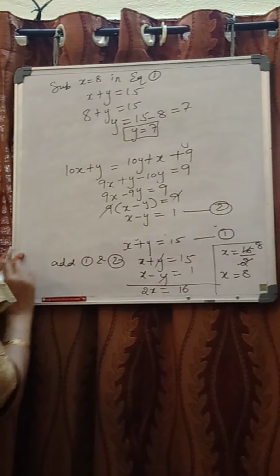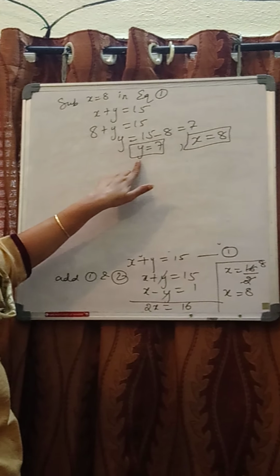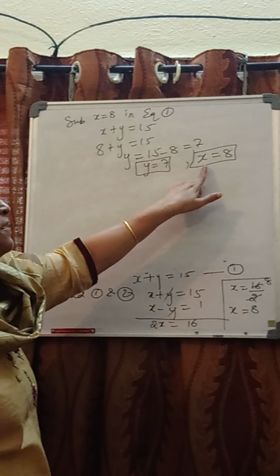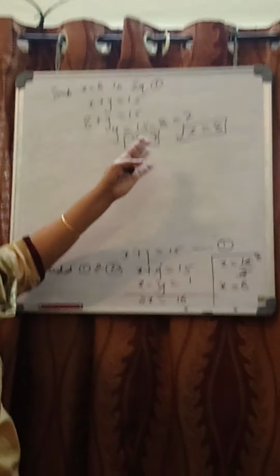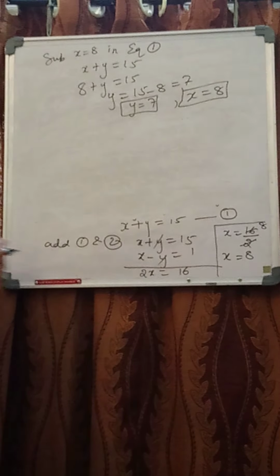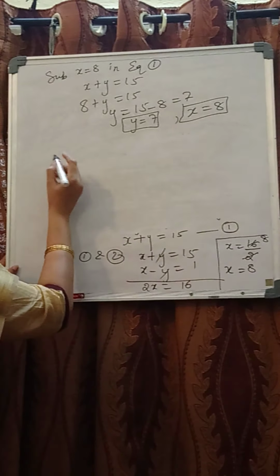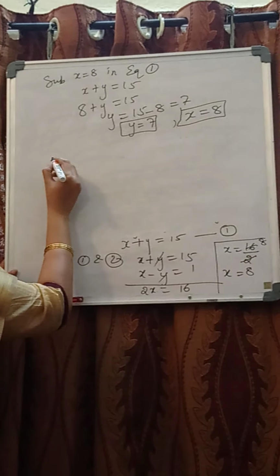Now he asked what the two-digit number is. What is the two-digit number? The whole number is nothing but, y is the tens digit and x is the units digit. So the two-digit number is 78. Or else you can substitute like this also. What is the whole number?